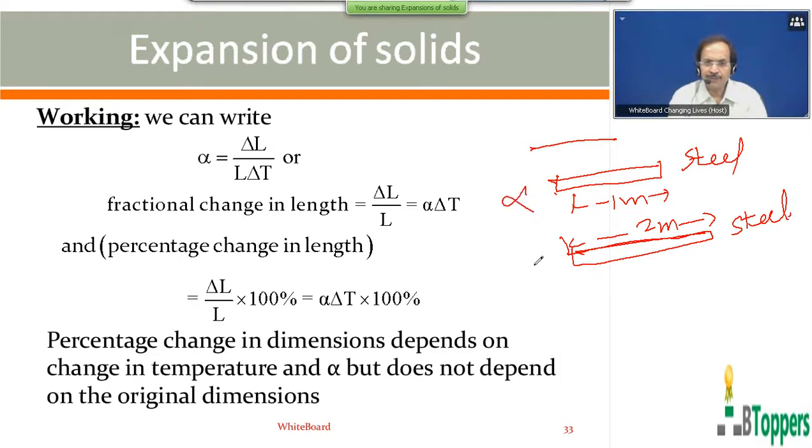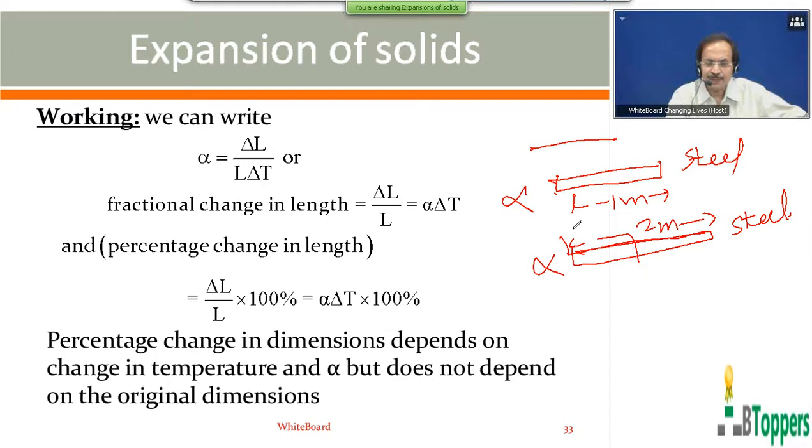Both the rods are made up of steel, that is the same metal, therefore alpha is the same. Both rods have the same area of cross section, but original lengths are different. So when heated, the increase in length of the second rod will naturally be greater than the increase in length of the first rod, because increase in length is proportional to the original length.